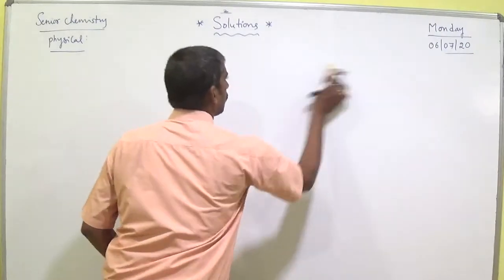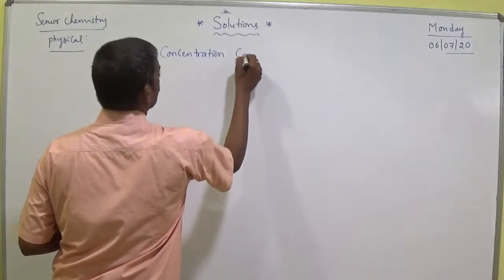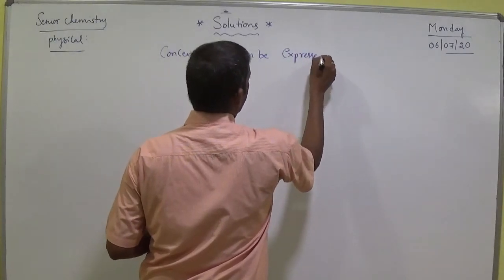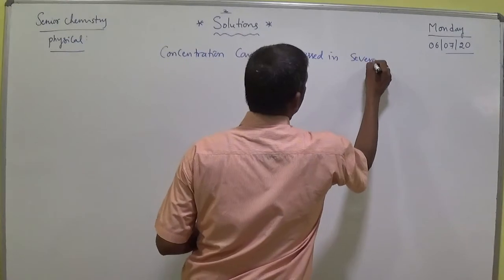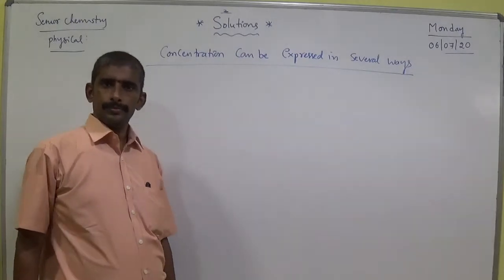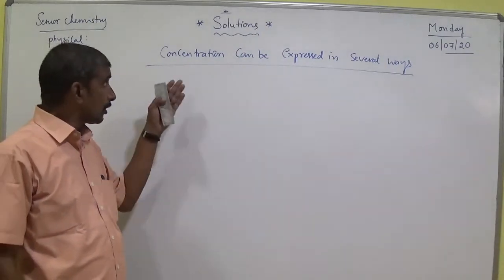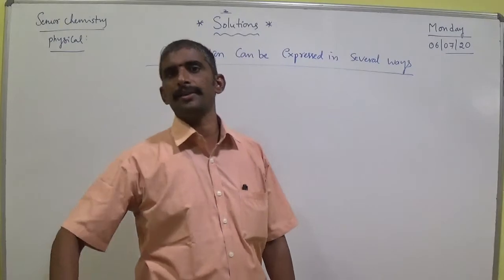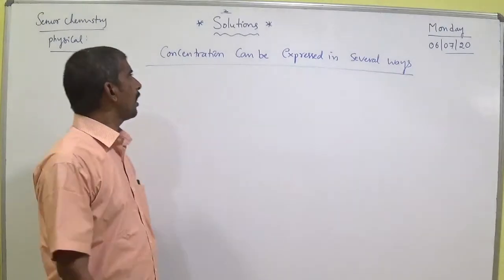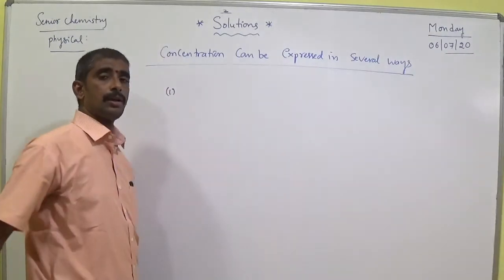From now onwards, I will give numerical and formula-wise concepts. Very important: not just theory. Theory is also there, but the main formulas, numericals and different relations matter. Concentration can be expressed in several ways. Write down all of you.